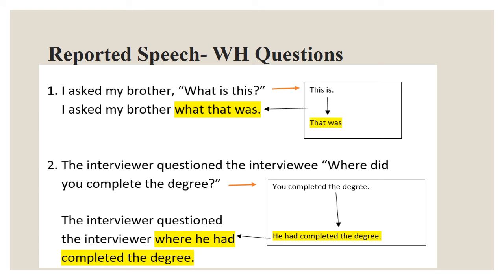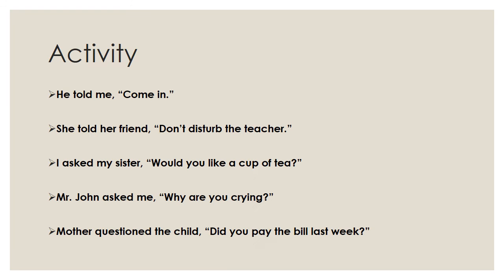And that should come after "where" in the answer. The answer is: the interviewer questioned the interviewee where he had completed the degree. Remember, here also we have to follow the same rules under statements after we make the questions into statements.